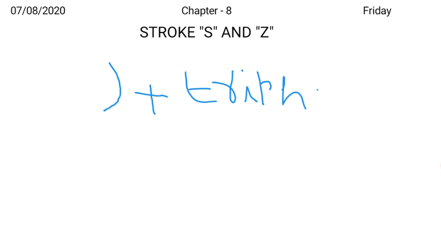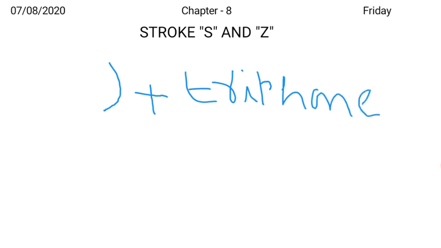The next rule is when a word starts with S and is immediately followed by a triphone. Triphone we have learned already. Triphone means the union of three vowel sounds.